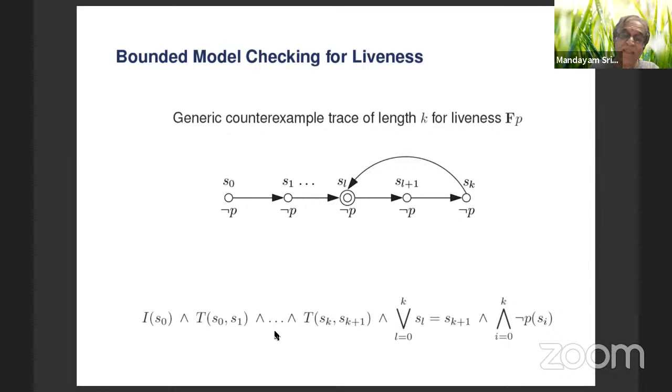You're trading that off with constructing bigger and bigger formulas. Every time you have to check a longer counterexample, you have to construct a formula that is longer in terms of the number of clauses it has.